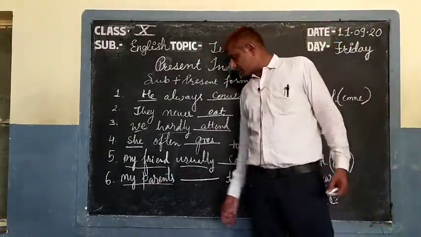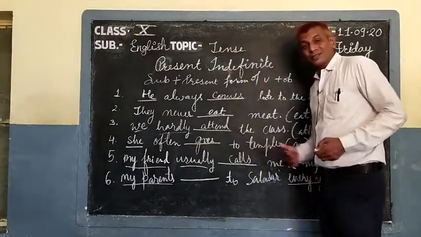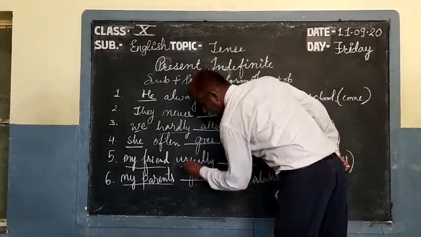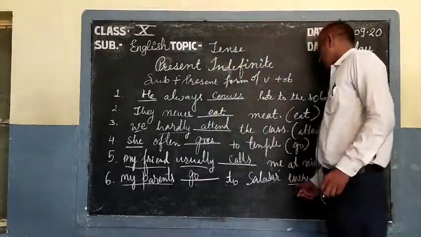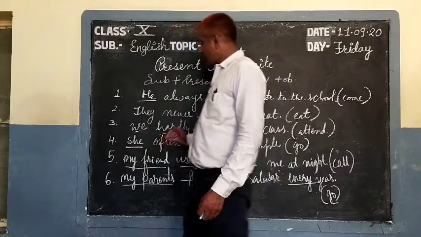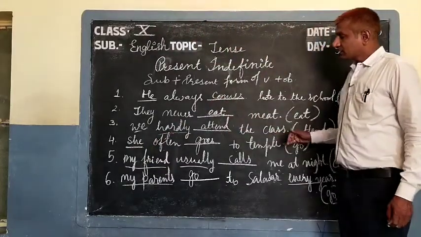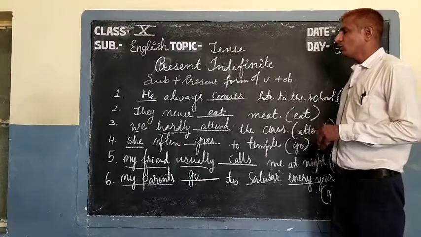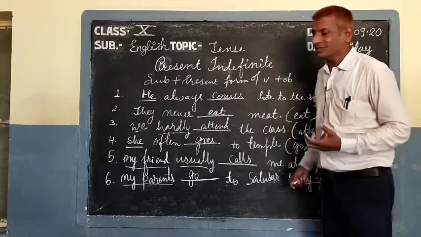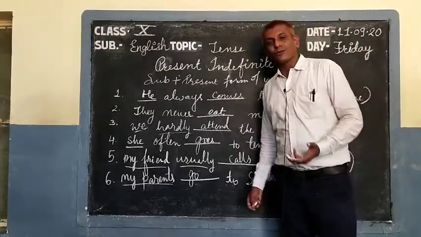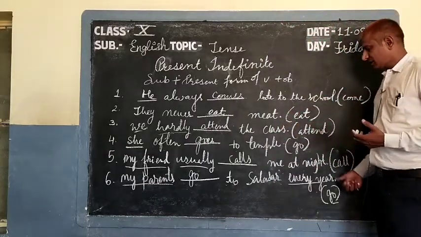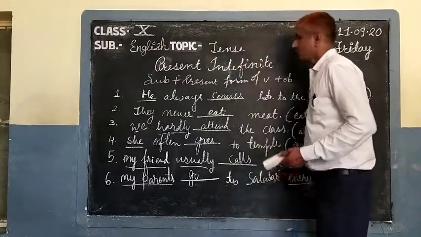So my parents, this is plural subject, so we use the singular form. This is already singular. Go, my parents go to Salasar every year. So this is completed. So we are with these examples, I have told you more how to fill the verbs in the present indefinite tense, how to fill the present form of the verb in the sentences. So you must note down these sentences in your notebook.